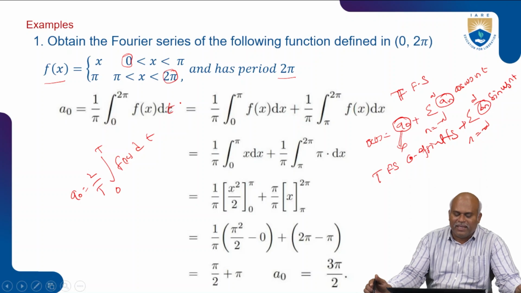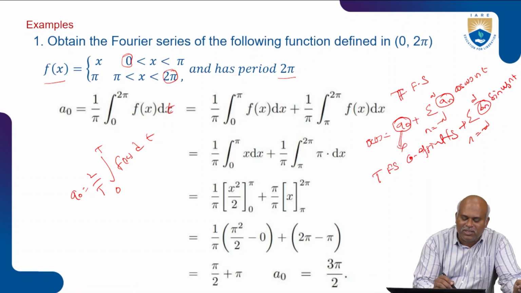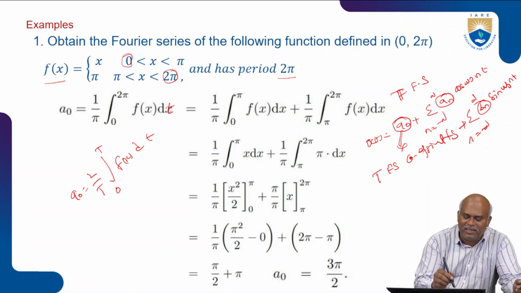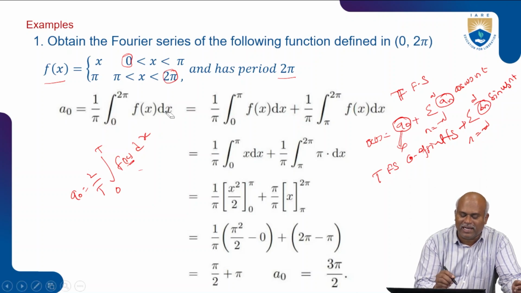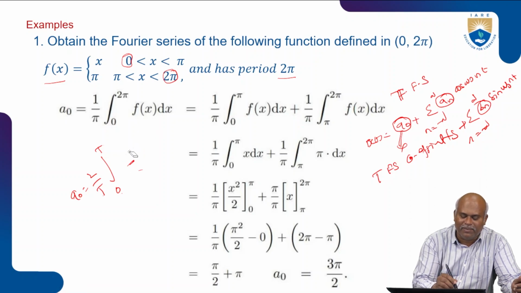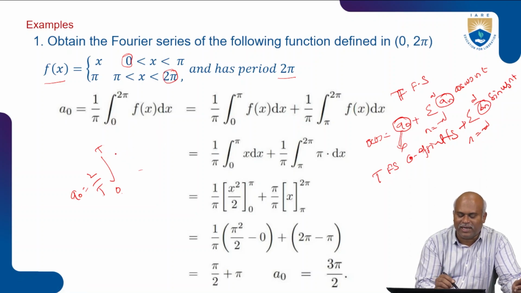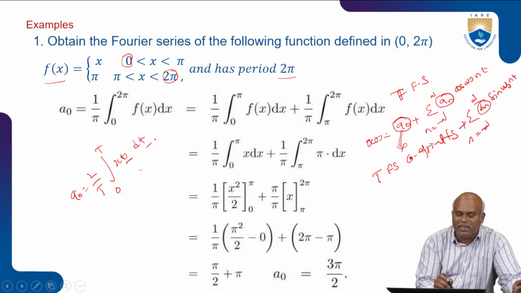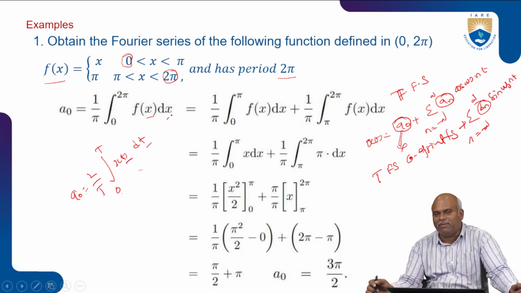So if we say x, then I should write x here. Previously, that is the general case: a0 equal to 2 by T, 0 to T, x of t dt. Here t is x, that's why we write it like this.